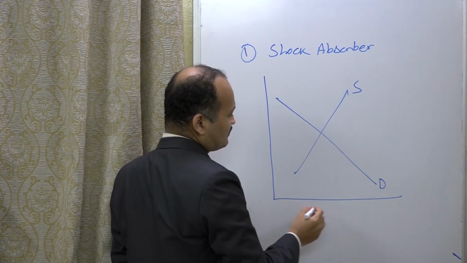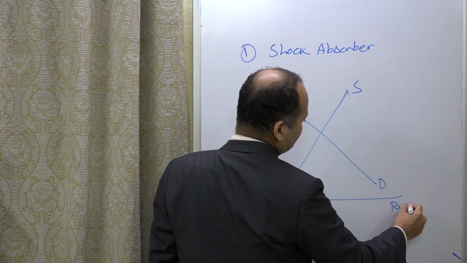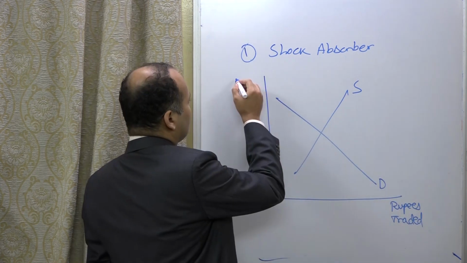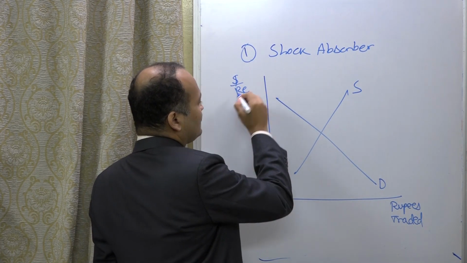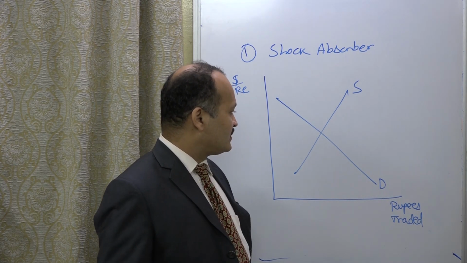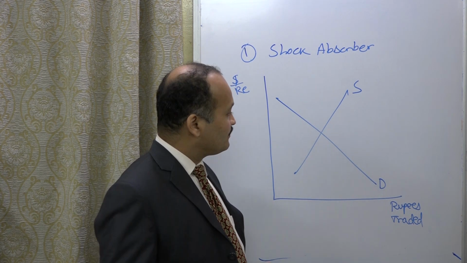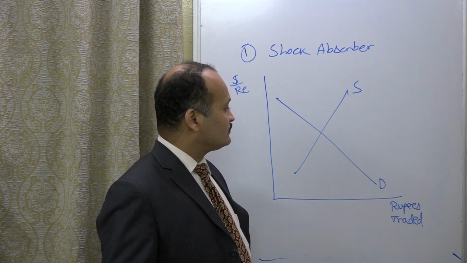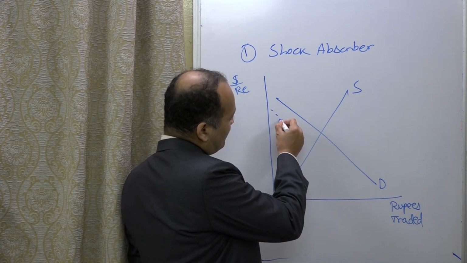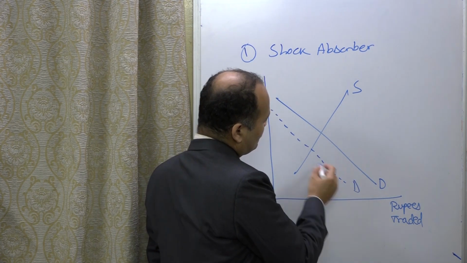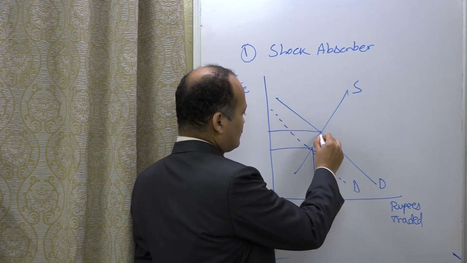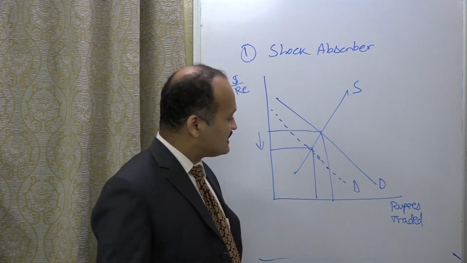If this was my demand curve and this was the supply curve, this was rupees traded, and this was the dollars per unit of rupee, and for some reason the exchange rate depreciates, in this case we say that the forex inflows have stopped coming, which has led to a fall in the demand for rupee in the forex market, which causes a drop in the exchange rate.